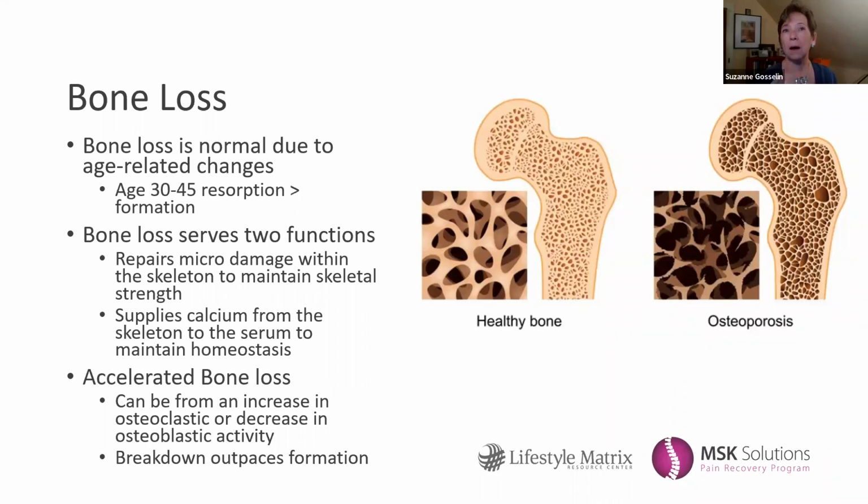So we get accelerated bone loss when there's either an increase in the osteoclastic activity or a decrease in the osteoblastic activity, which leads to breakdown outpacing formation.